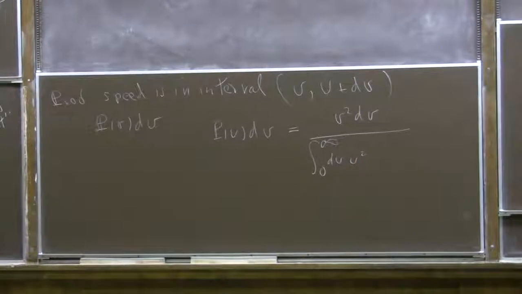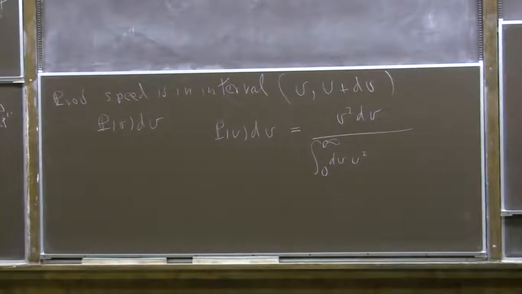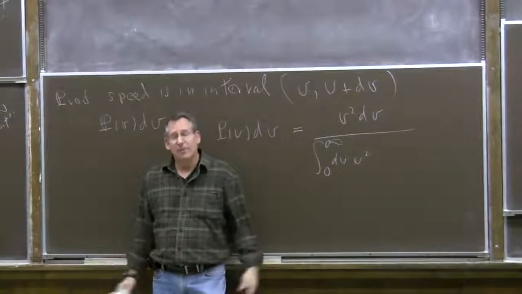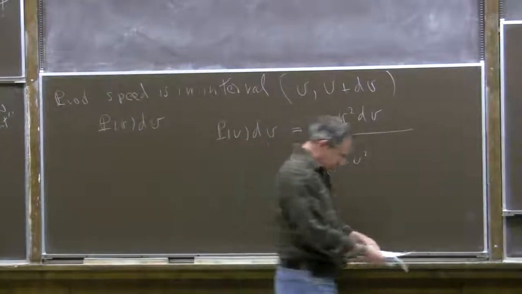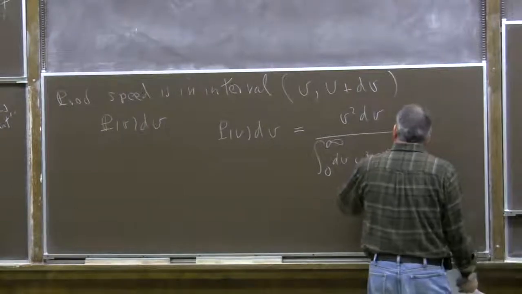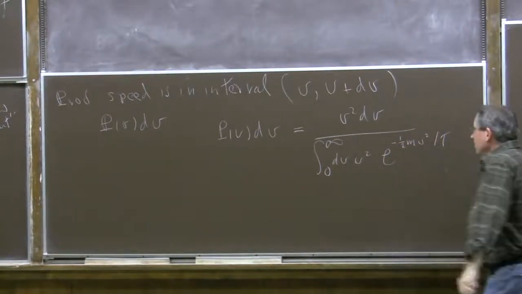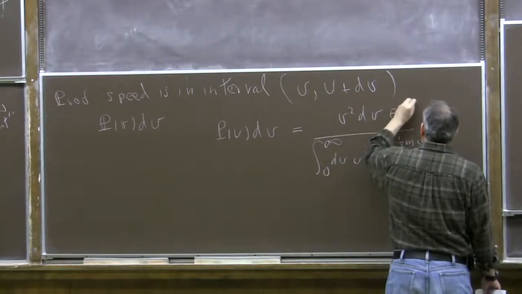Here I'm counting the number of orbitals, but Boltzmann and Maxwell also knew that the probability of an orbital being occupied would be suppressed by a Boltzmann factor. So there's also a factor which goes like e to the kinetic energy divided by tau, and I should put that in the numerator as well.